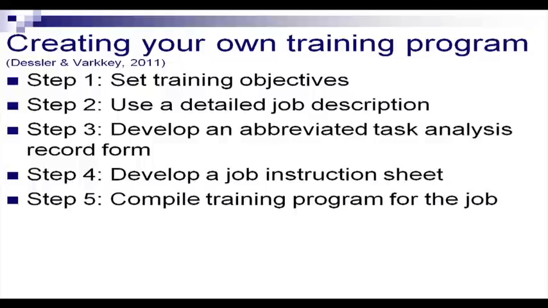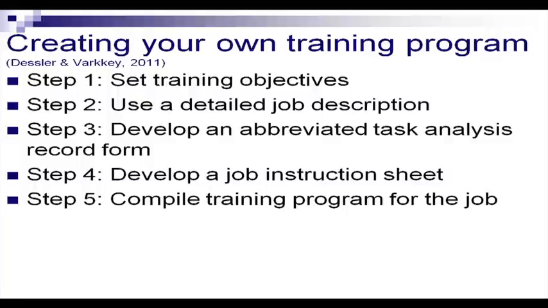How do you create your own training program? The first step here is to set training objectives. The second step is to use detailed job descriptions. Like I told you, a needs analysis is important, coming up with objectives is important. Then you take detailed job descriptions and try and cater to the needs of these job descriptions.